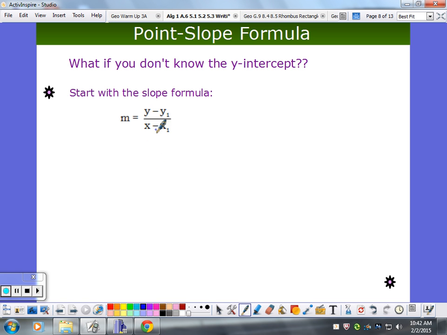A change in y over a change in x. What I want to do is make this not be a fraction anymore. How do I make this not be a fraction anymore? By what? The denominator. This is my denominator. Now this is an expression, and when I do that, I like to group it. So if I multiply this by x minus x1, what am I going to have to do to this side?